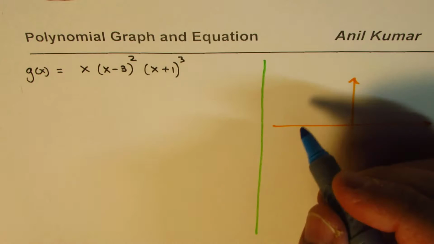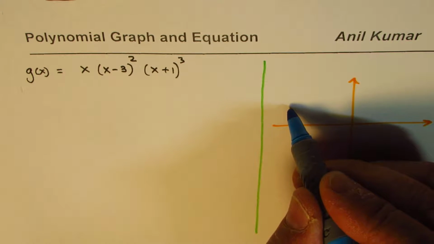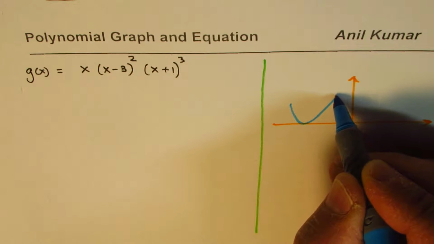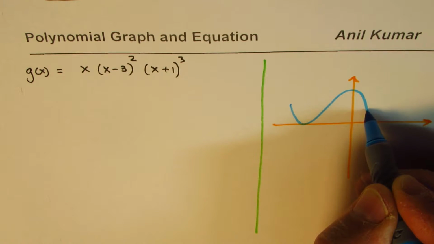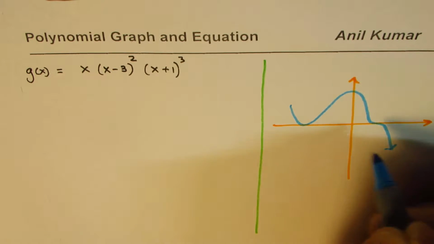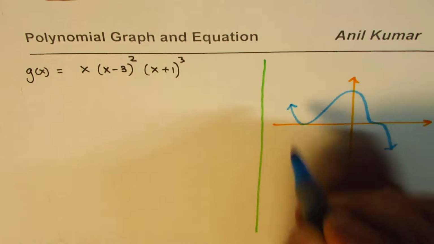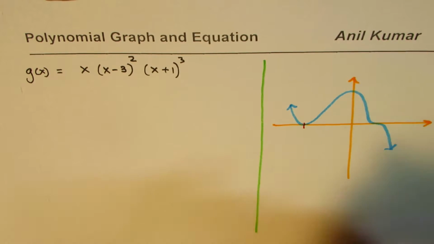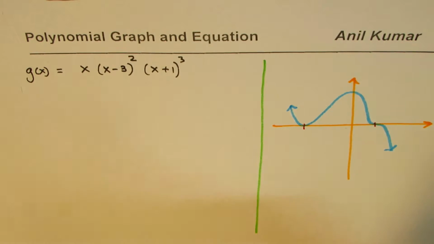Let me say the graph is kind of like this, and it goes like this here. Okay, let's say this is the graph, and from this graph, we'll find the equation of the polynomial. So I'm just taking some approximate values here, which will help us find a possible equation.